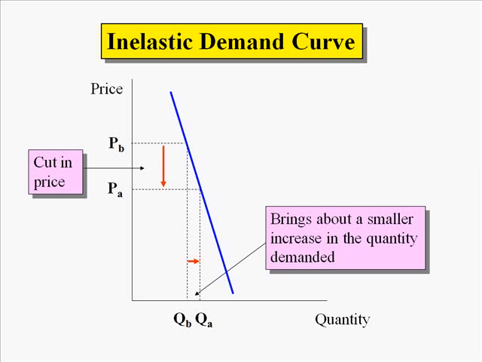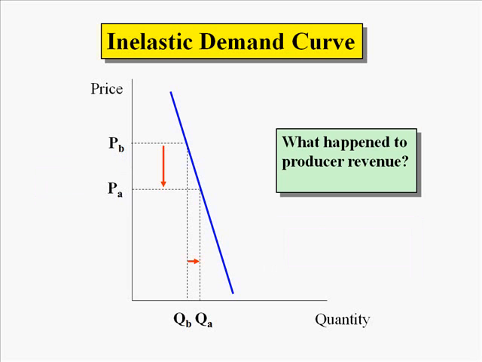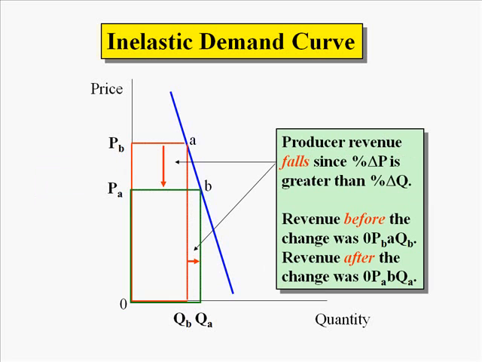So looking at the inelastic demand, a cut in price, or a decrease in price from PB to PA, brings about a smaller increase in quantity demanded. You're still seeing an increase in quantity demanded, because anytime you cut price, more people are going to be willing to purchase it. However, producer revenue actually was better before they decreased their price.